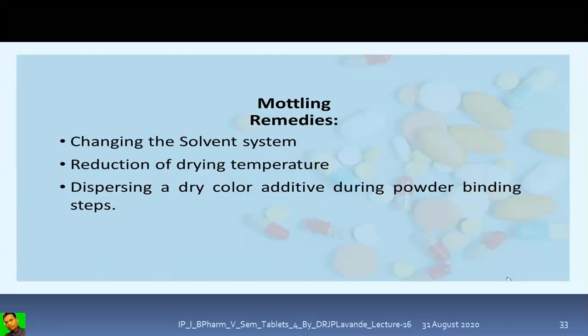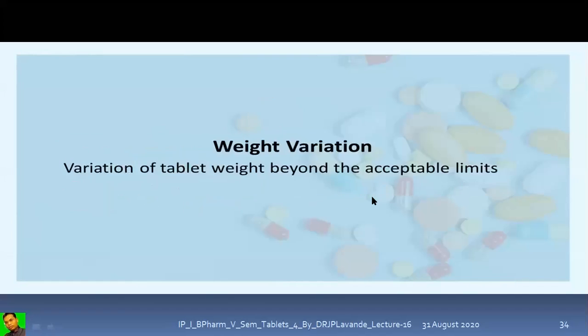Reduction of drying temperature. Yes, a large increase in temperature will lead to a change in the color because of the complete removal of the moisture. And dispersing a dry color additive during the powder binding steps.